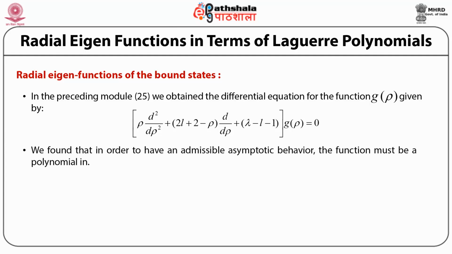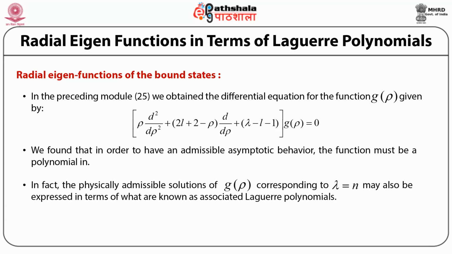We have found that in order to have an admissible asymptotic behavior, the function must be a polynomial. So in fact, the physically admissible solutions of g(rho) corresponding to lambda equal to n may also be expressed in terms of what are known as associated Laguerre polynomials.